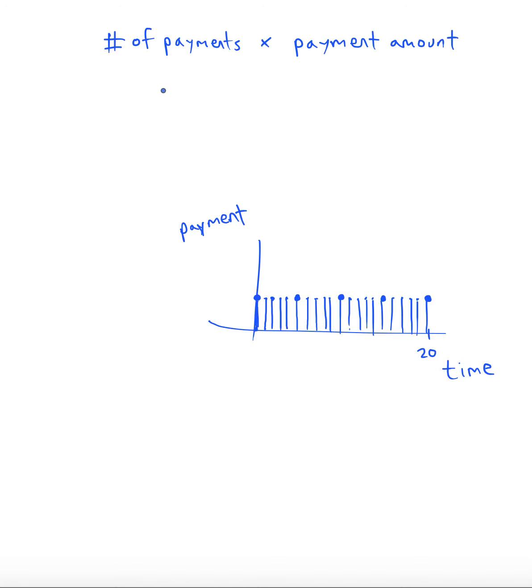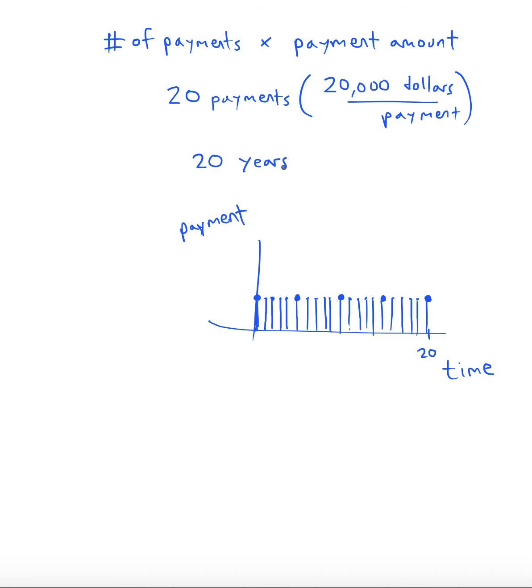So what would it be? 20 payments times $20,000 per payment. But yet another way of writing that would be 20 years times $20,000 per year.